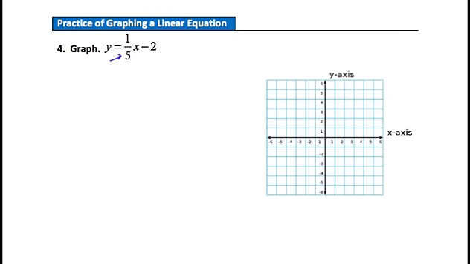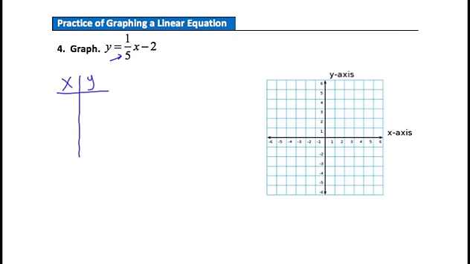So notice x is our cluttered variable, and we've also got to get rid of this denominator of 5 as we're substituting values. So when you're picking values, go ahead and pick multiples of 5 for that x value, and watch those fractions drop right out of the equations as you solve for y. So go ahead and pause your video player and graph this equation. When you get done, hit play to see how you did.